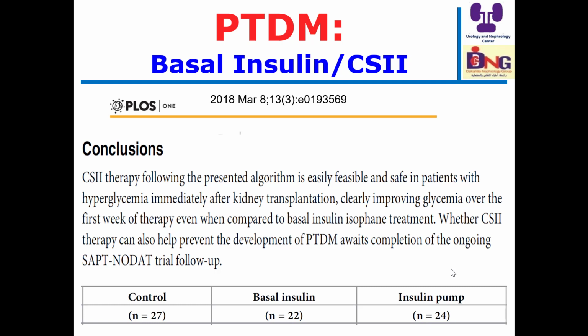However, whether continuous subcutaneous insulin injection therapy can help prevent the development of post-transplant diabetes awaits completion of the ongoing SABT NODAT trial follow-up. So this is another data showing the concept of using insulin to prevent diabetes.